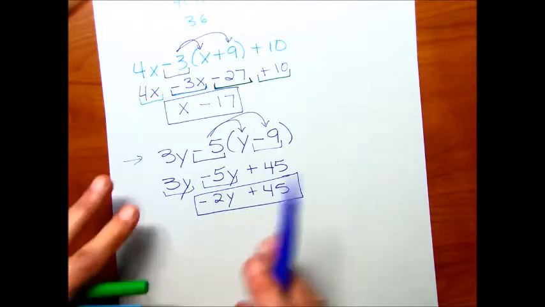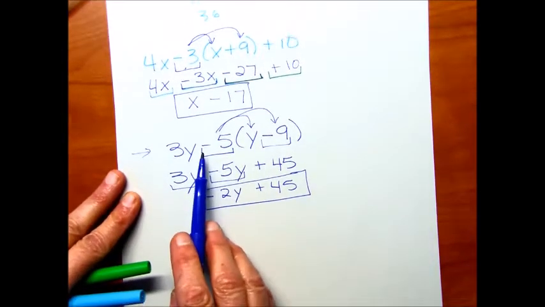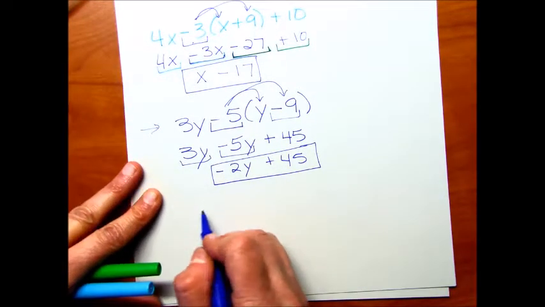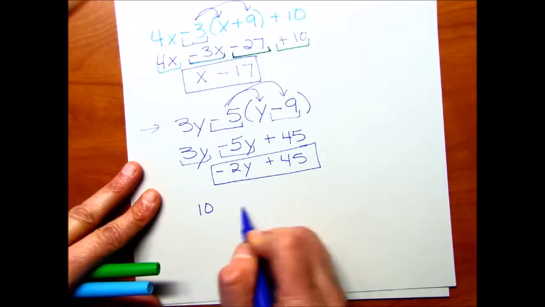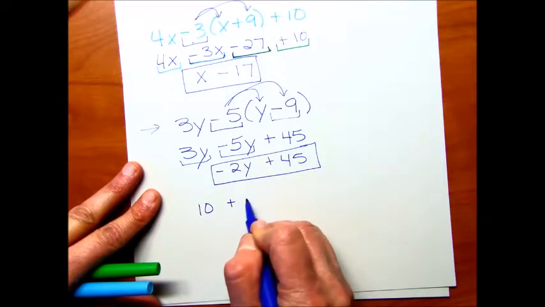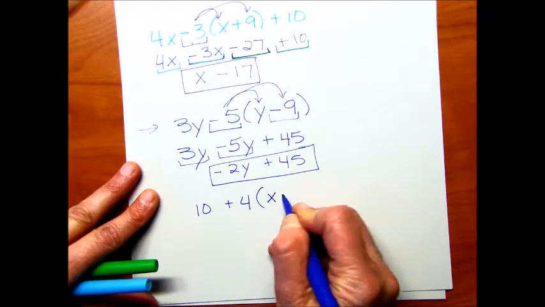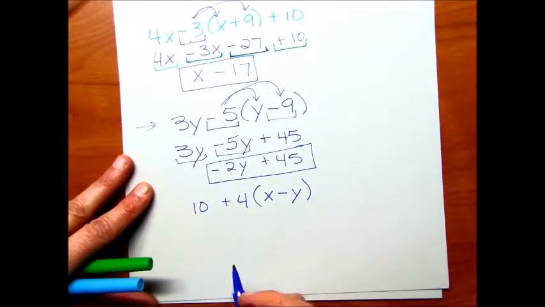Now in both of these cases I was multiplying by a negative factor. Let's do one where we have a positive, so let me make one up. Let's say we have 10 plus 4 times the quantity of x minus y. And we'll just leave it at that.